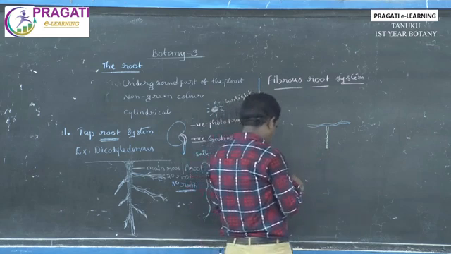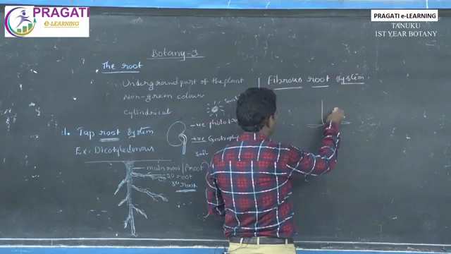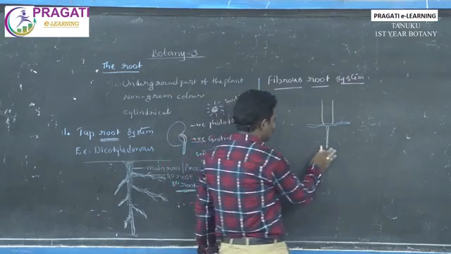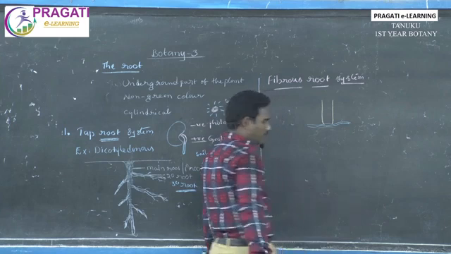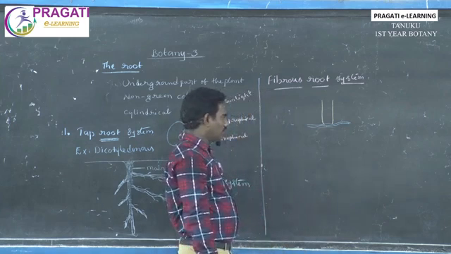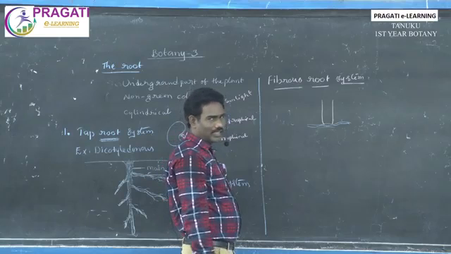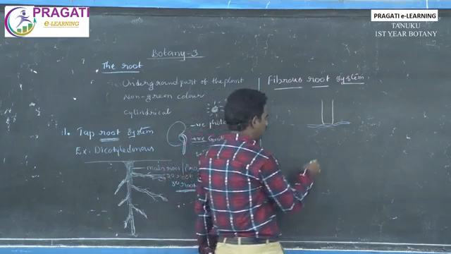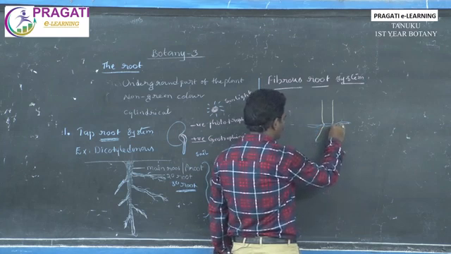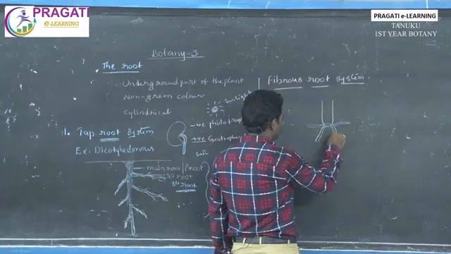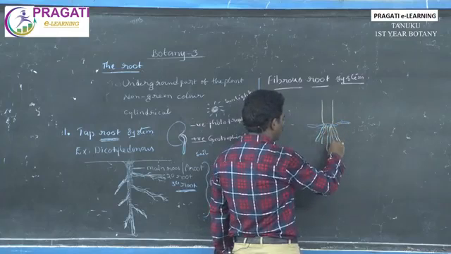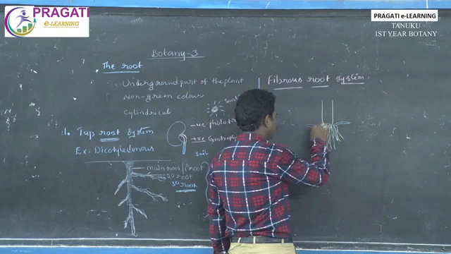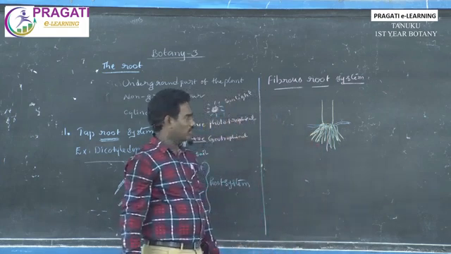After the degeneration of the main root, a large number of equally short roots arise from the base of the stem.